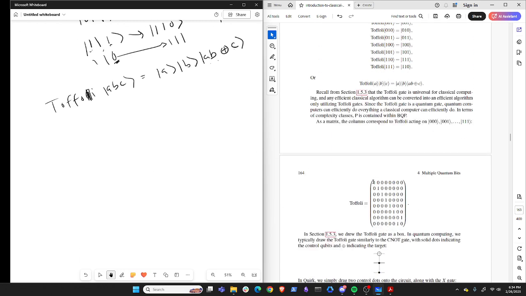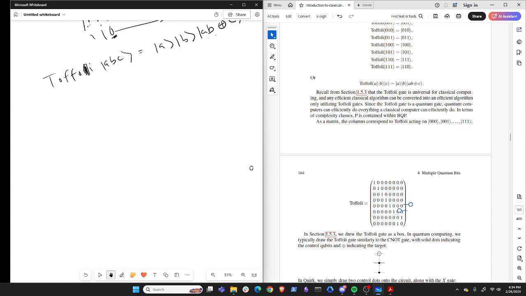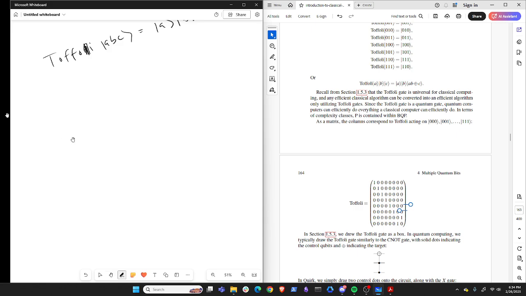And this one has a gnarly matrix. I really, frankly, don't want to write this out. But it's an 8 by 8, a 64-entry matrix, because it's a 2 to the third by 2 to the third matrix, covering each possible state of the 3 qubits involved.